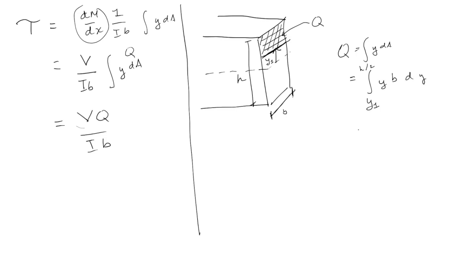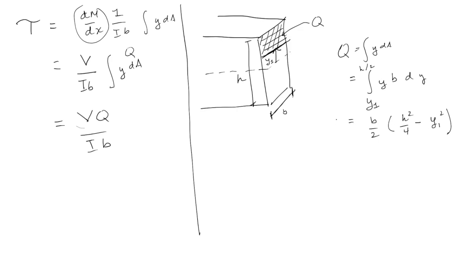That comes out to b over 2 times (h squared over 4 minus y1 squared). So if you're given y1, where you want to know the stress, this is the analytical expression for Q for a rectangular cross-section above y1.